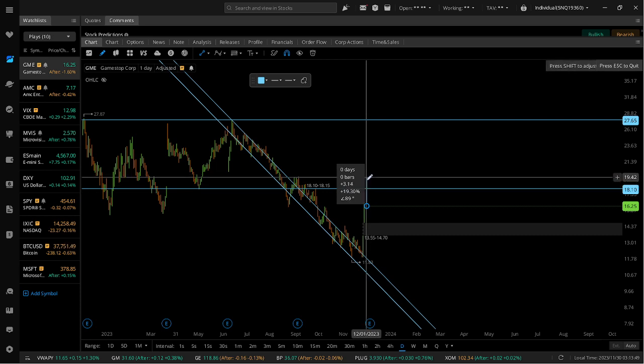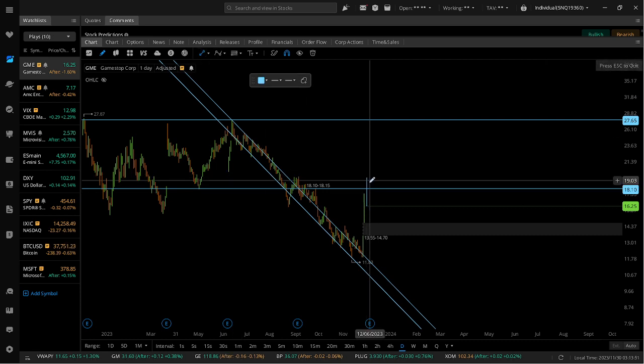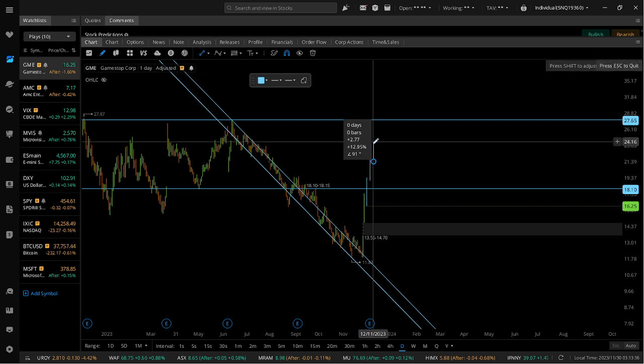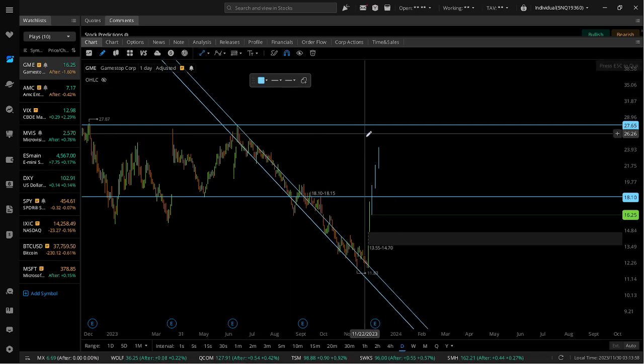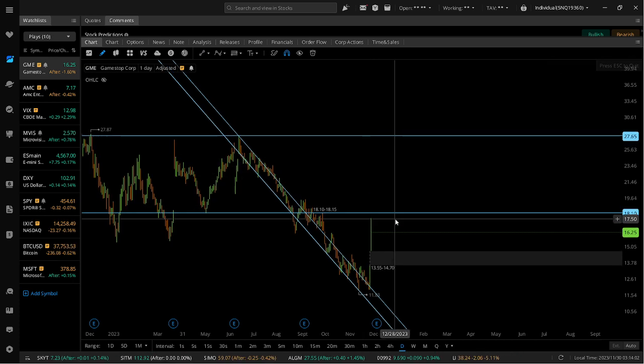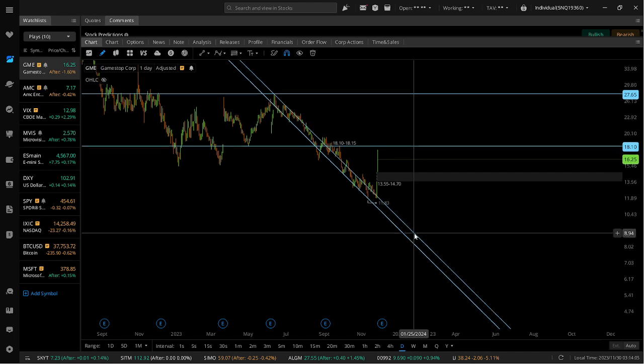It could go up to 20 or whatever, then a couple more daily gap ups, and then it'll come down to retrace that.